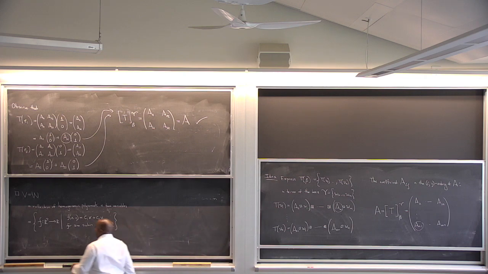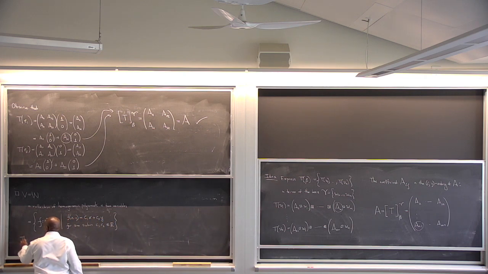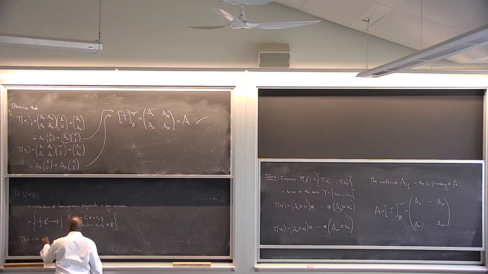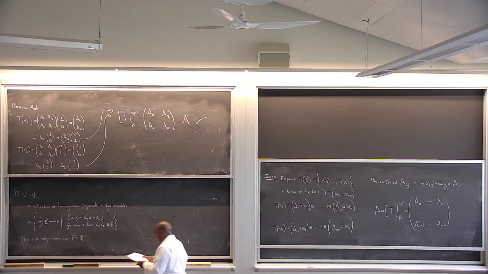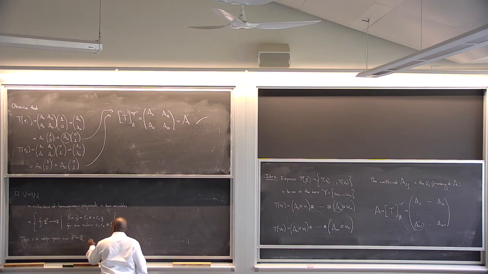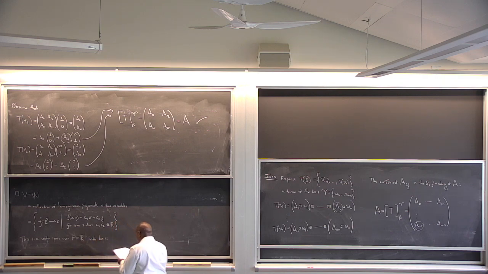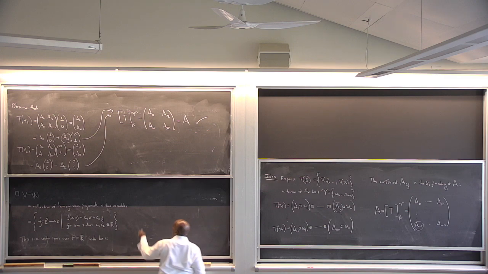So as it turns out, this is a vector space over R. And it has a basis. I'll call this here beta.